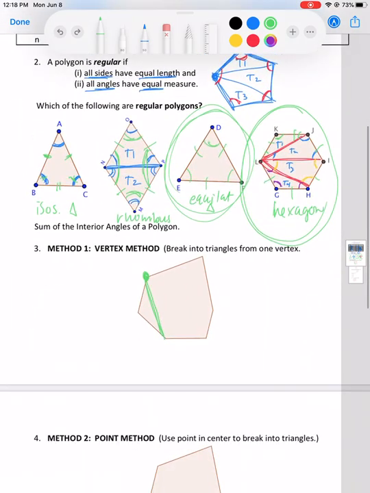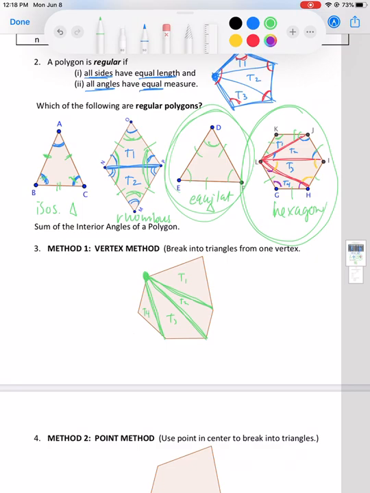Okay. And we can do 4 triangles. Triangle 1, triangle 2, triangle 3, triangle 4. Okay.